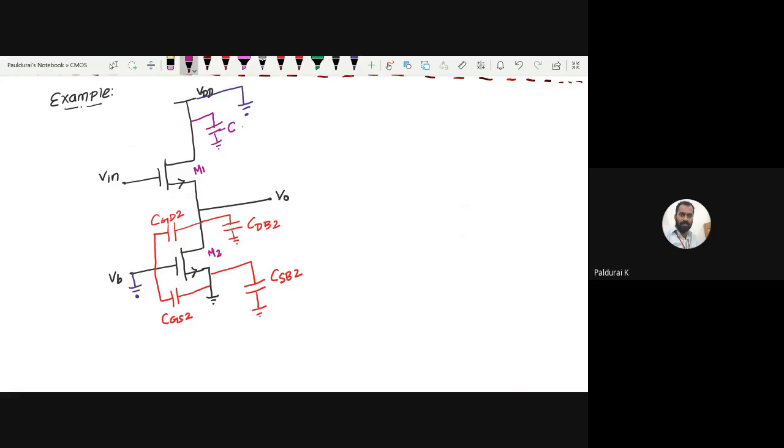This time this is source drain drive. So drain 2 bulk 1.